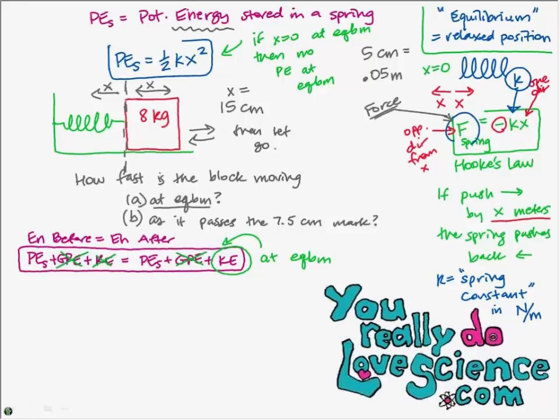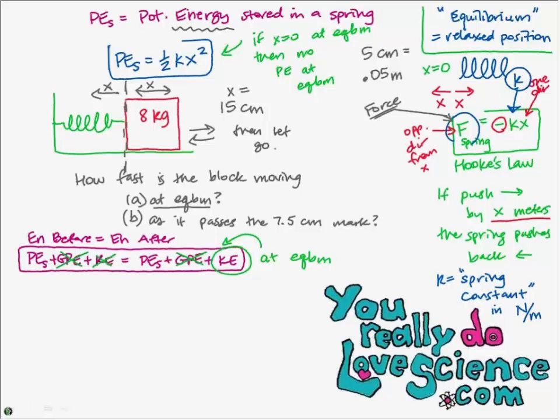So even though the block is moving, the spring at that exact moment is not pulling or pushing at all. When the block is pulled out, the spring is pulling back. When the block moves in and squashes the spring, the spring is pushing out. But right at equilibrium, it's right between pulling and pushing and it's doing nothing.